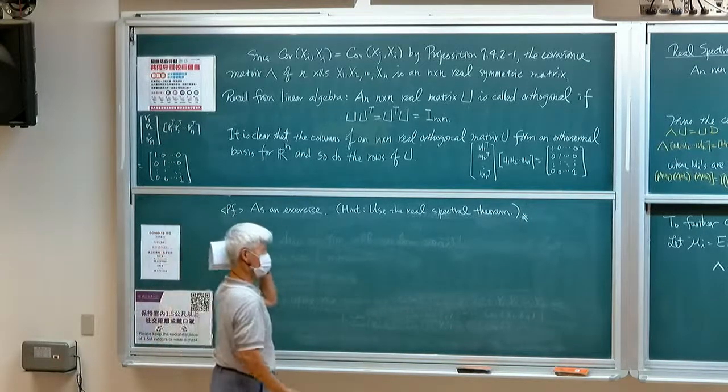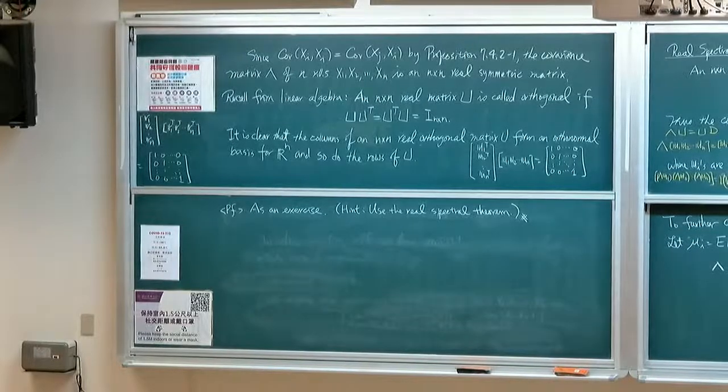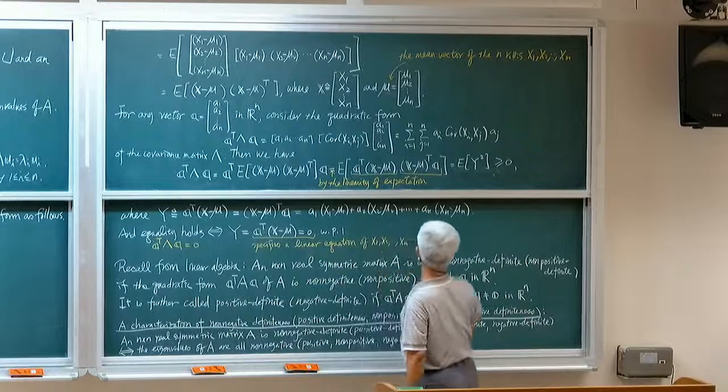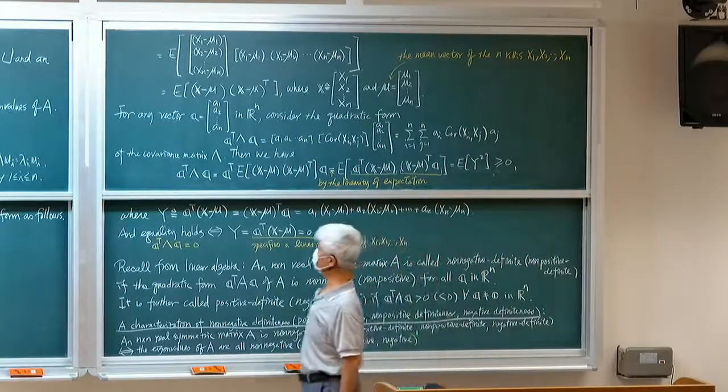Okay, so now from our discussion here, for any covariance matrix lambda, we know the quadratic form is always non-negative.